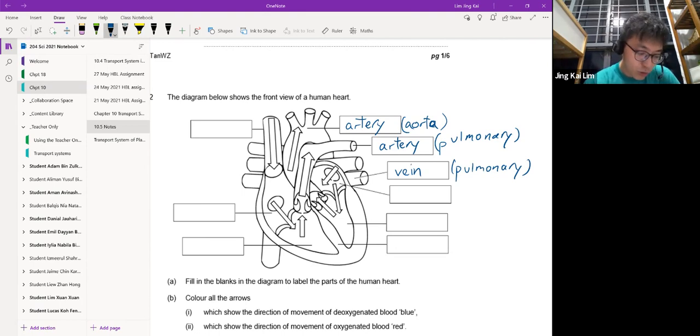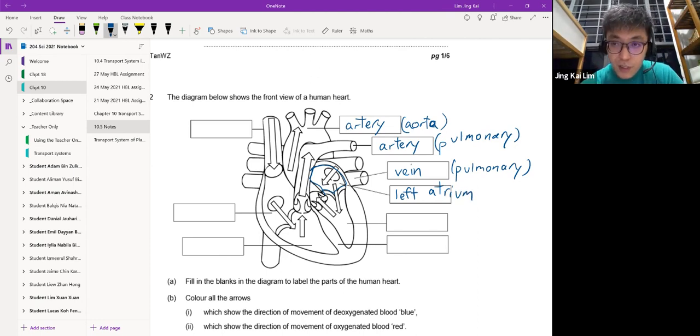Over here, this first chamber that I'm drawing out here is actually the left atrium.